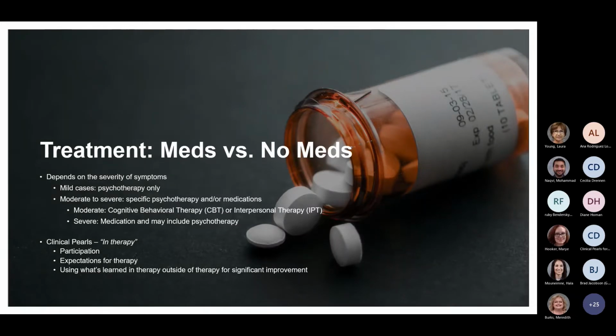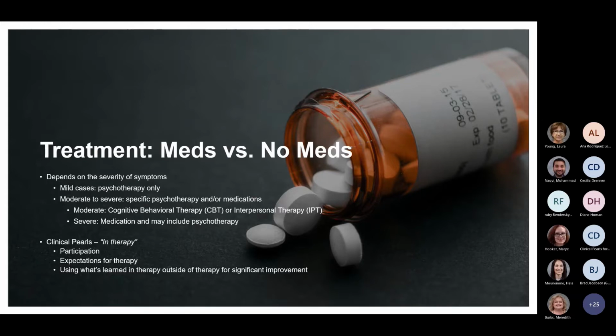Now, when it comes to moderate to severe cases of depressive symptoms, you probably need to do psychotherapy and/or medications. So with moderate cases, they may respond to just cognitive behavioral therapy or interpersonal therapy alone, or you might have to add medications along with the moderate severity.